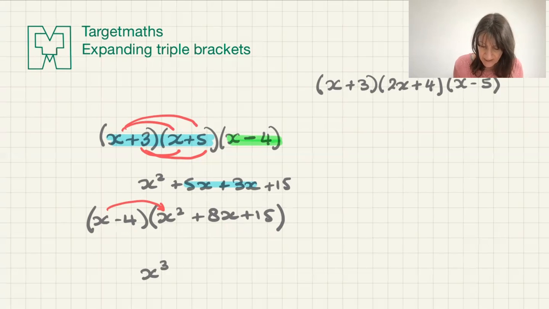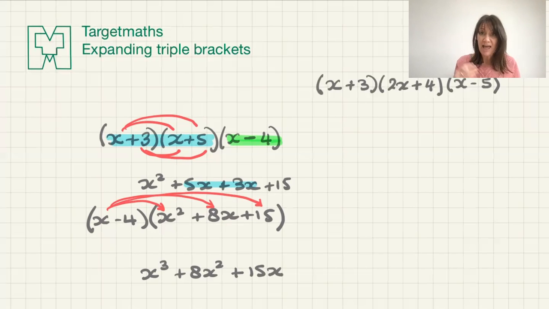I am then doing x times 8x, which gives me 8x squared. And then x times 15 gives me plus 15x. So the x has multiplied every single term in that second bracket.